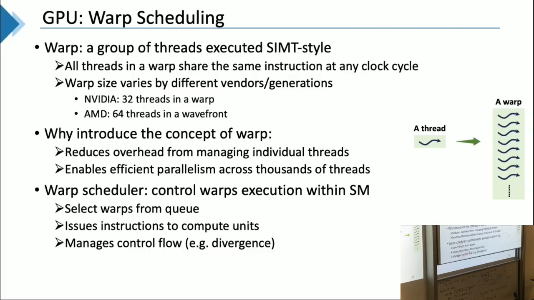For example, if you have 128 threads in one thread block, in the real hardware execution it will be divided into multiple warps. If the warp size is 32, you will have 4 warps to manage in the hardware.